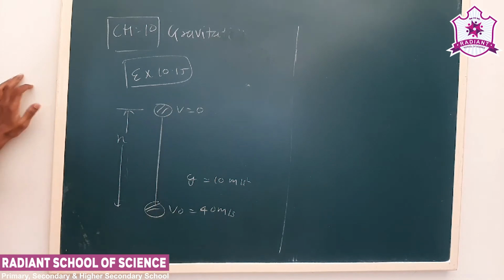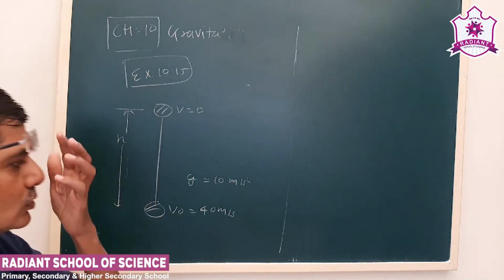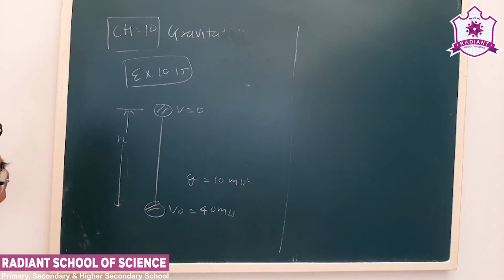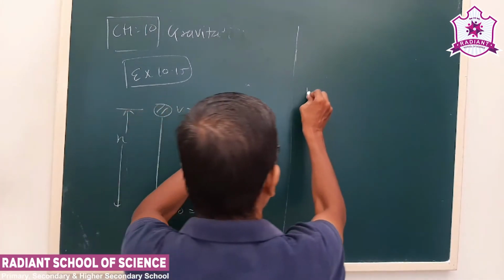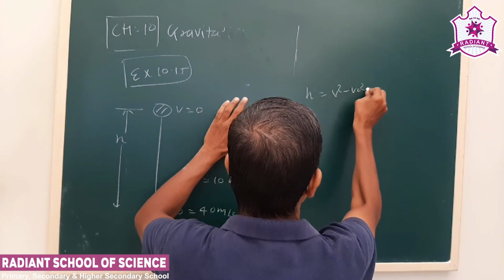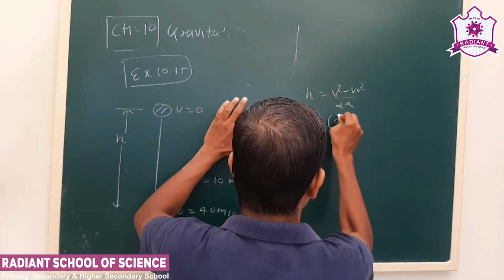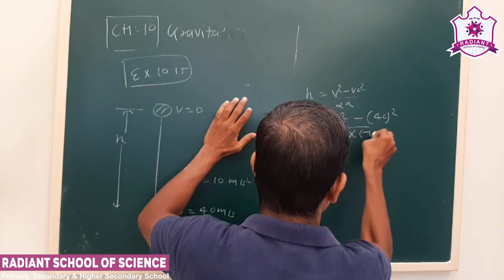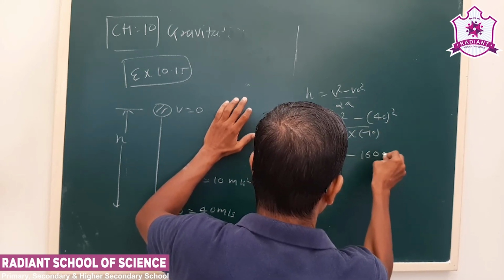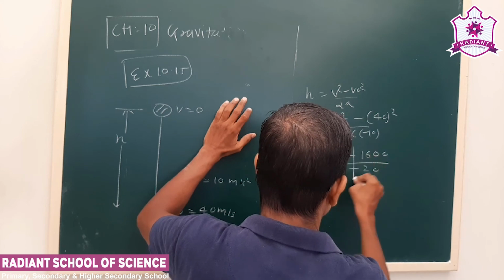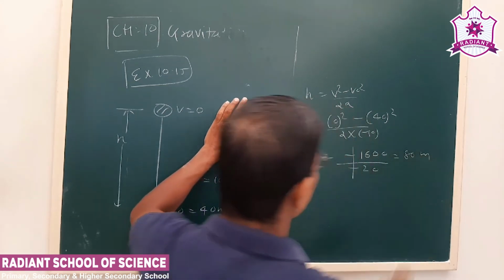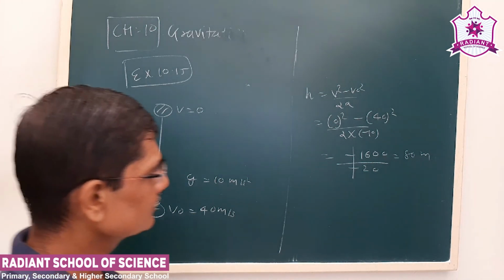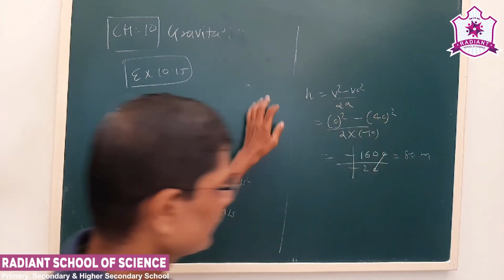At maximum height, the stone is moving against the gravitation. So again at the maximum height velocity will be 0. So again equation h is equal to v square minus v0 square upon 2a. Highest point velocity is 0, v0 is given 40. Acceleration is minus 10. Minus 1600 upon minus 20. So maximum height attained will be 80 meter.